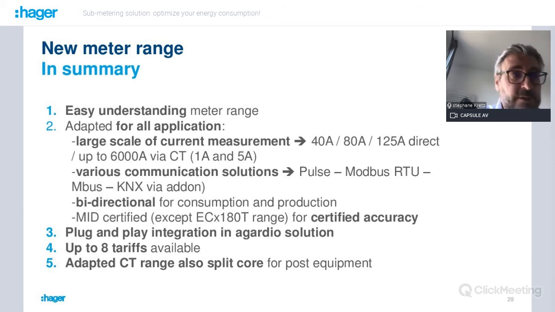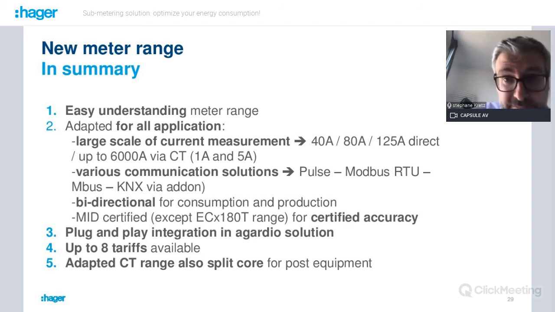It's adapted to all applications, as I said: 40 amps, 80 amps, 125 amps direct, or via CT up to 6,000 amps, with 1 or 5 amp CTs. It's interesting to have 1 amp if you have longer cabling to do, but mainly it's 5 amps that is used.